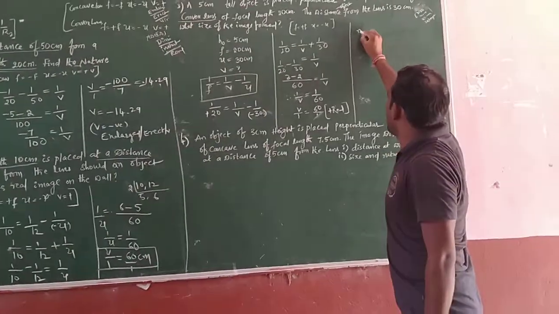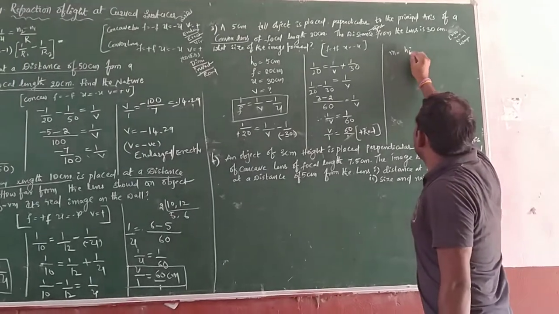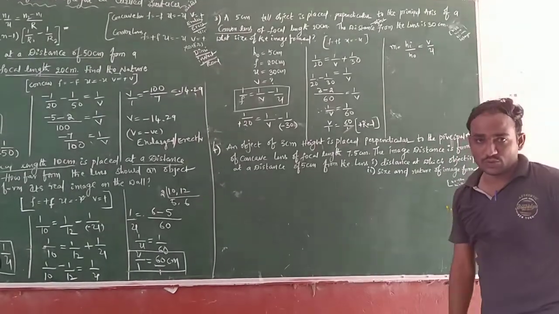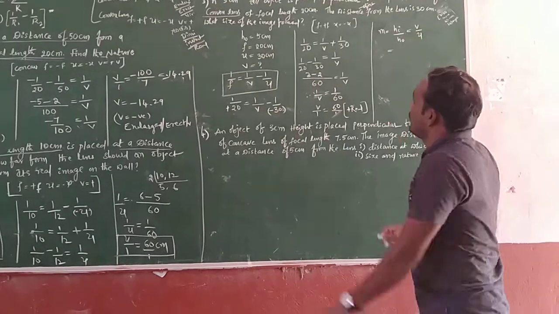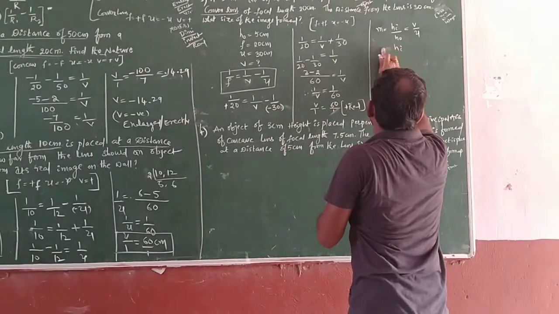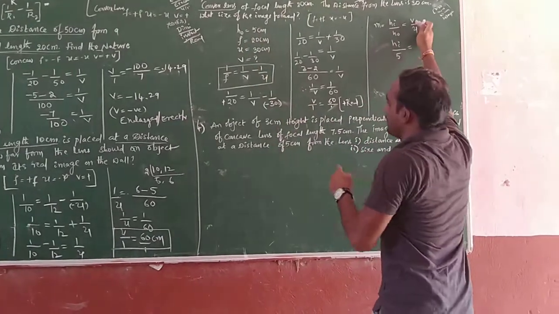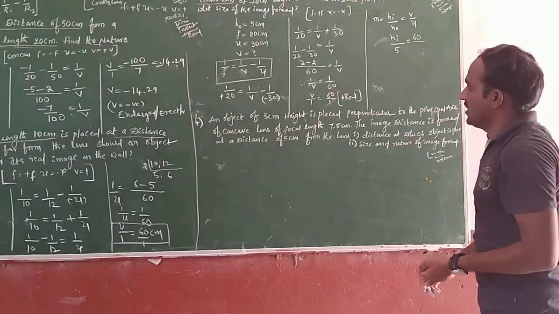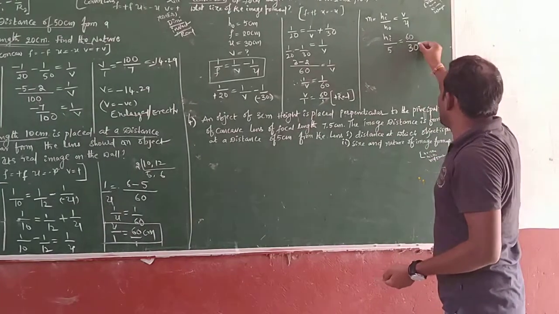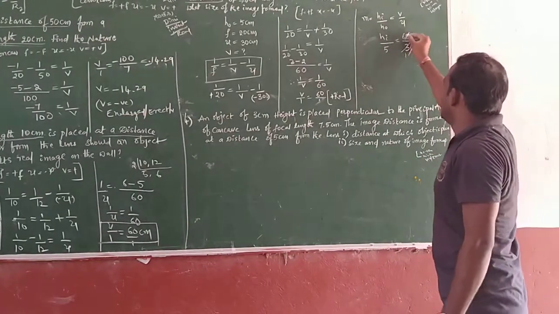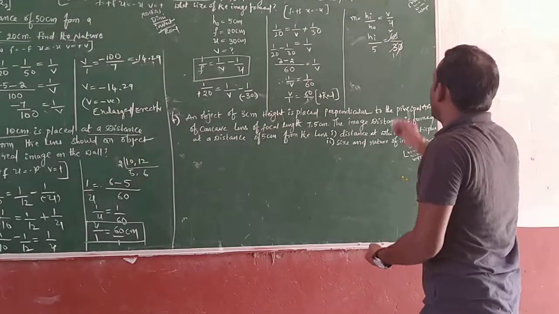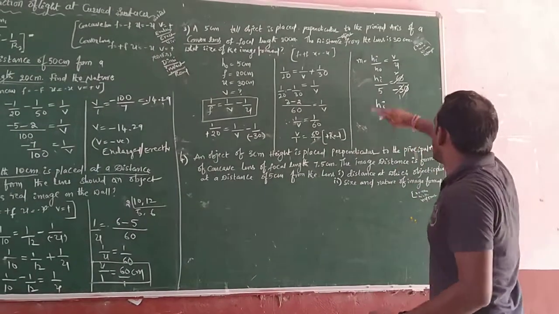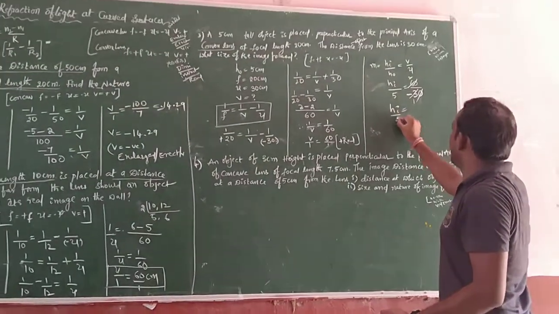You know the magnification formula, m = hi/ho = v/u. Here ho is 5 centimeters, the v value we know is 60 centimeters, and the u value is 30 centimeters. Cross multiplying, the zeros cancel. The u value is minus, so hi/5 = -2.